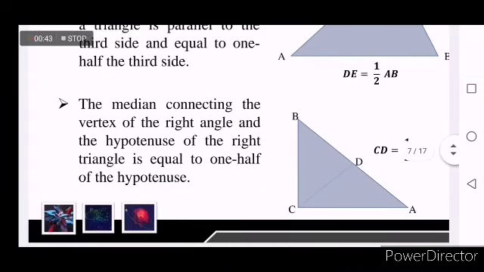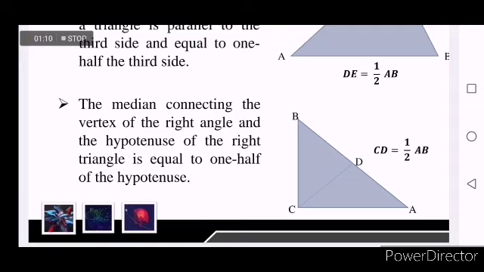If the median connecting the vertex of the right triangle and the hypotenuse of the right triangle is equal to one half of the hypotenuse, what does it mean? Do you still remember the definition of the hypotenuse part of the right triangle? Yes, the hypotenuse is the longest side in a right triangle. Here, in this example, angle C is the right angle.